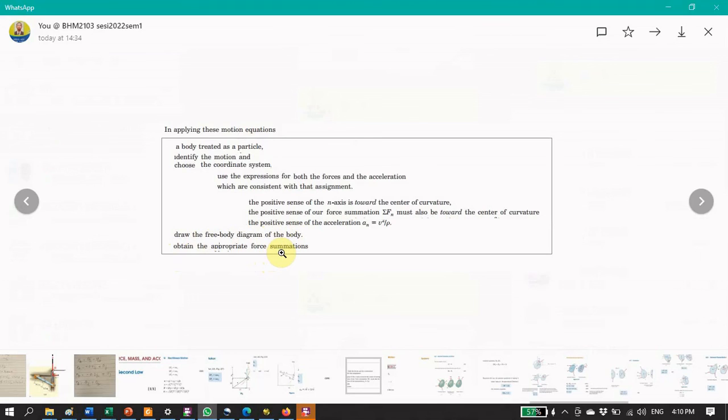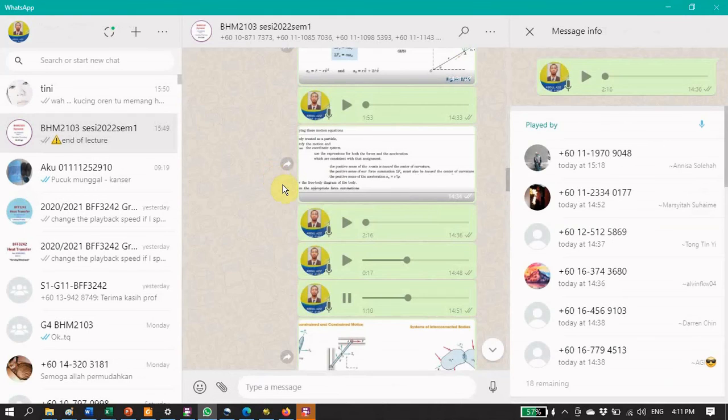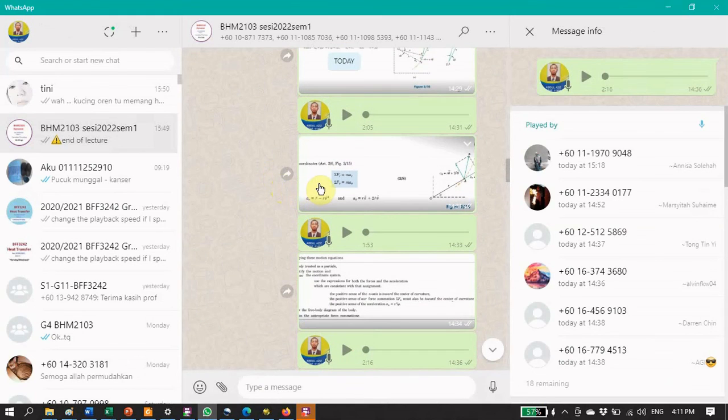So in this topic, when I mention the frame of reference or coordinate system, the particle has a wide scope compared to the rigid body. Even though not in terms of the system, the rigid body is only limited to translational motion.